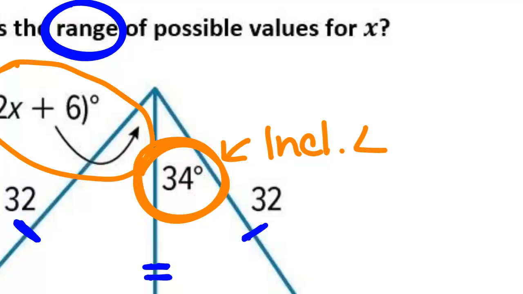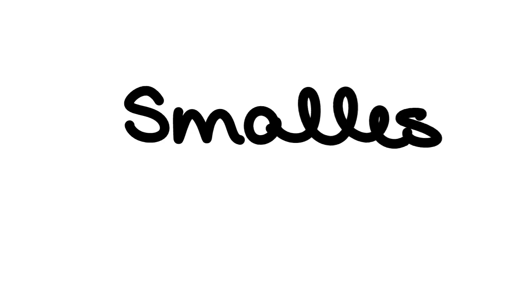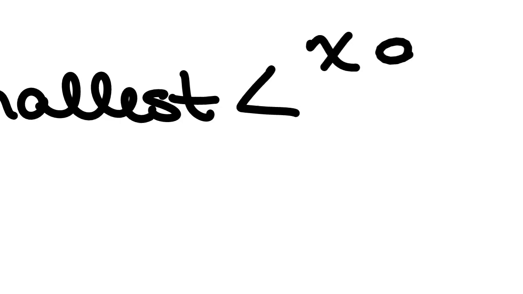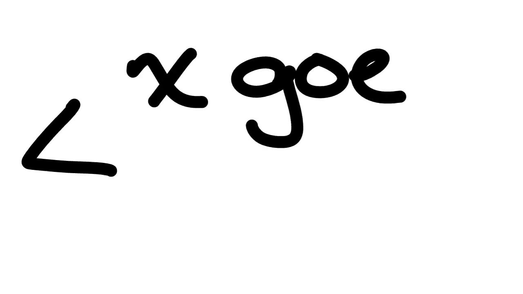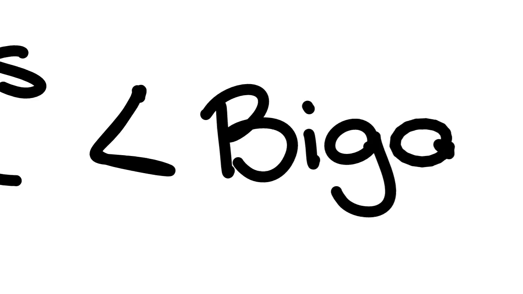Now, if you remember when we did this, we know we're going to have an inequality. Smallest thing farthest on the left, x goes in the middle, biggest thing over to the right. Just like a number line, smallest on the left, biggest on the right.